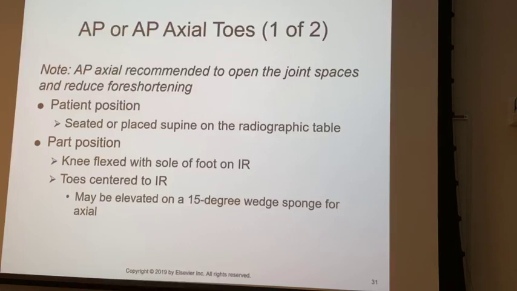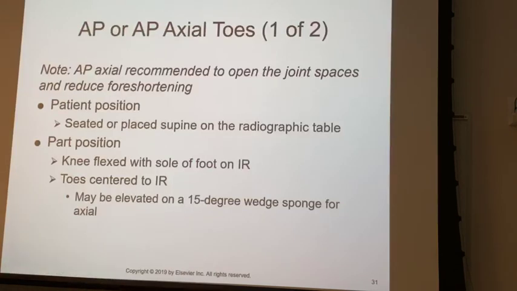So the patient could be seated on the table and bend the knee up so that you put the plantar surface of the foot in direct contact with the image receptor. Toes should be centered on the image receptor, and you're going to angle the central ray 15 degrees cephalic. So 15 degrees towards the heel.